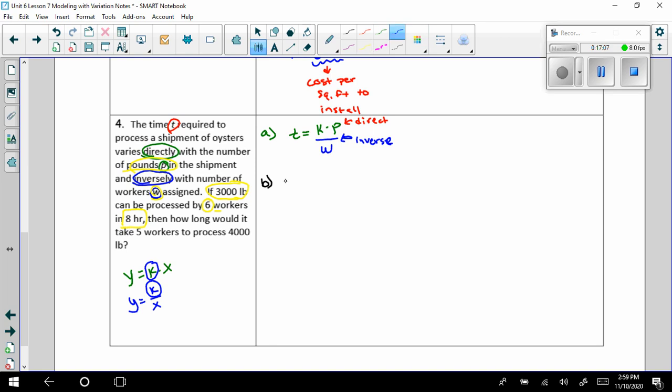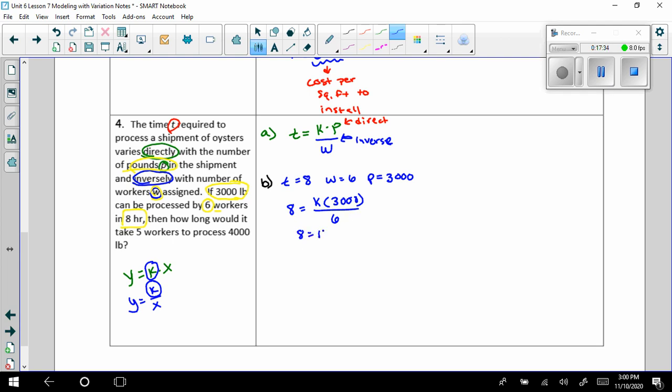So we have time, it says 8 hours. Workers, it says we have 6. Pounds, it says we have 3,000. Okay, so 8 hours for our constant of proportionality times how many pounds we have divided by how many workers we have. And then we solve this out.